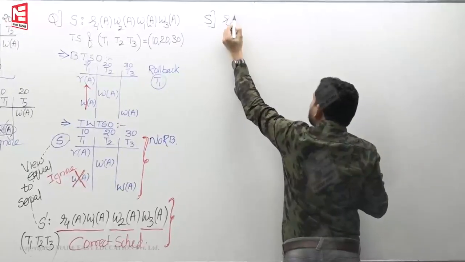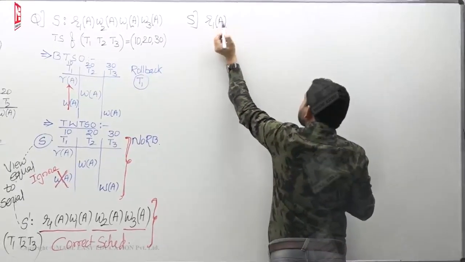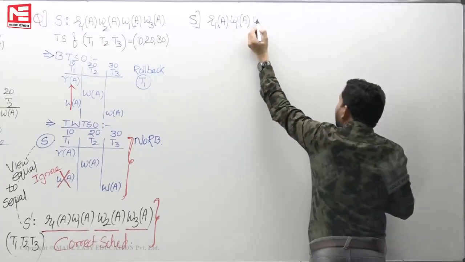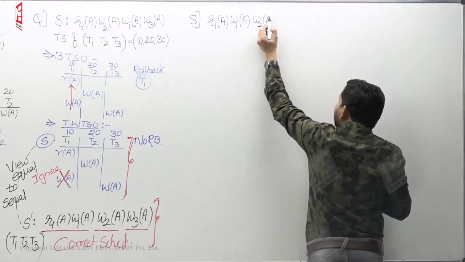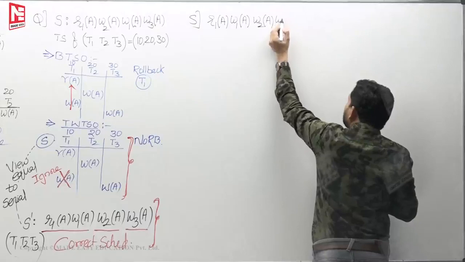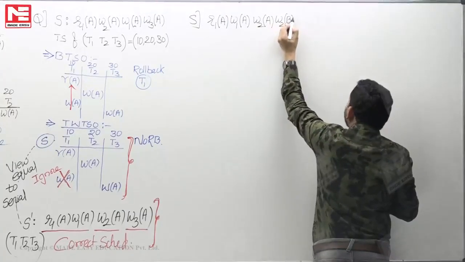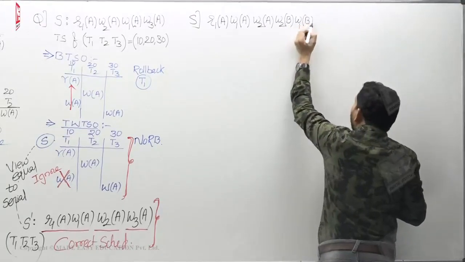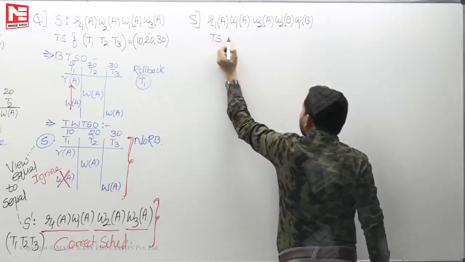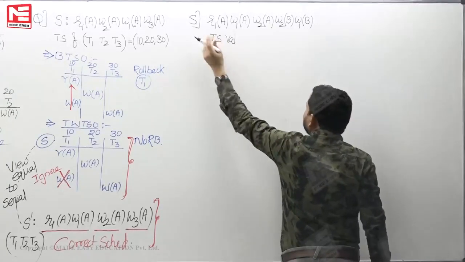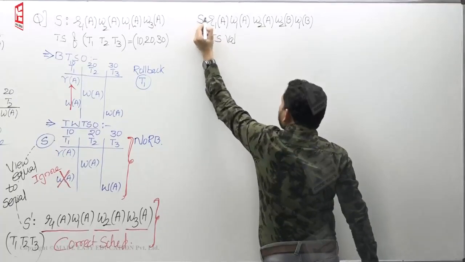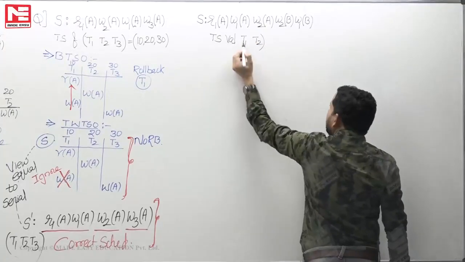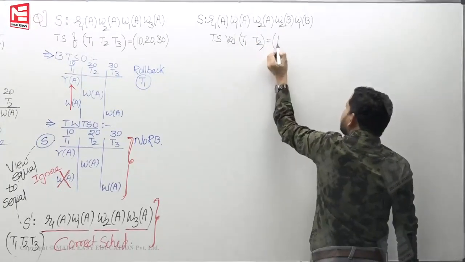Assume T1 requests read of A and T1 also writes A, and T2 writes A, T2 writes B, and T1 writes B. And timestamp values: two transactions only, T1 and T2, with timestamps 10 and 20.